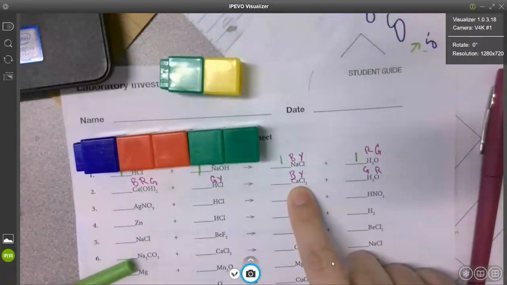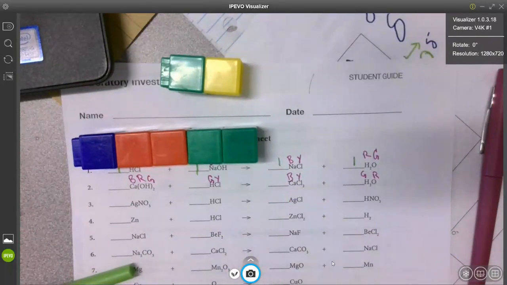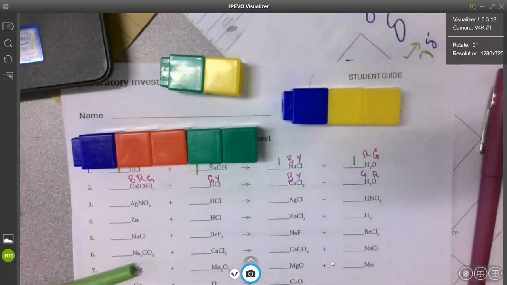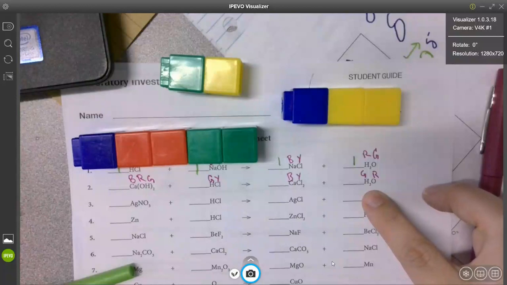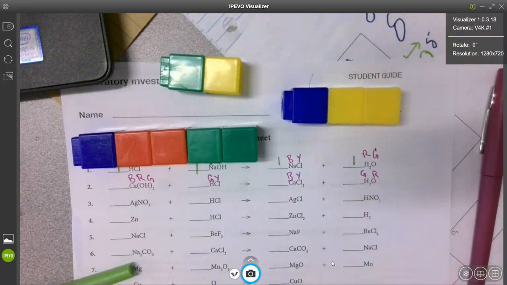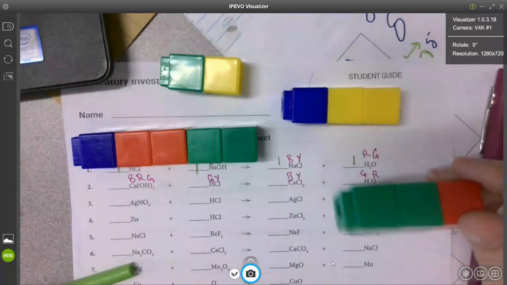On my right side, I have calcium chloride, 1 blue, and 2 yellows, because yellow is my chlorine. So CaCl2. And last but not least, water, H2O. So I have 2 hydrogens and 1 oxygen. So here is my water molecule, H2O.